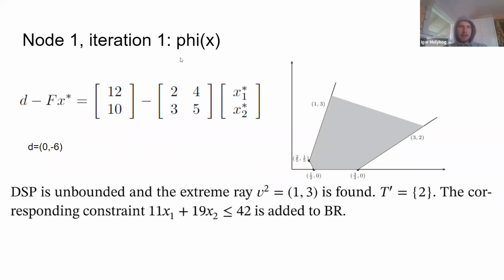The corresponding value of φ(x) can be calculated from d minus f of x star, which is (12, 10) minus the matrix f times the vector (x1, x2). And so our new right hand side is equal to (0, -6), just because 12 minus 12 is 0 and 10 minus 16 is minus 6.